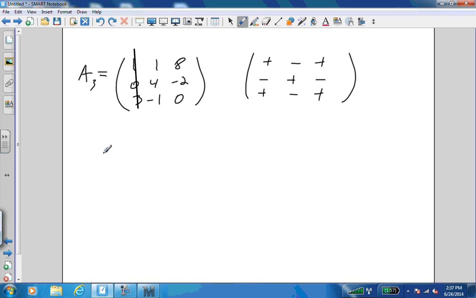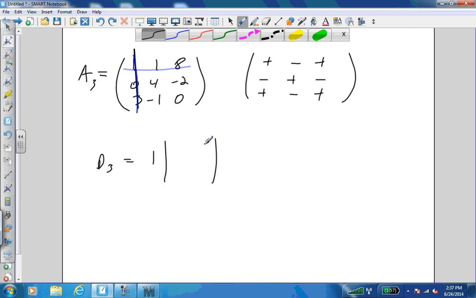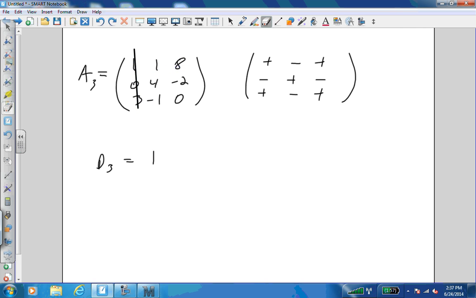So if we want that determinant, it's 1, use that sign, times the determinant, cross out row and column. And let's go ahead and multiply that. That's 0 minus 2. So negative 2. We do the opposite. Well, the opposite of 0 is still 0. Just for practice, cross out row and column. That's 0 minus negative 8, so plus 8.